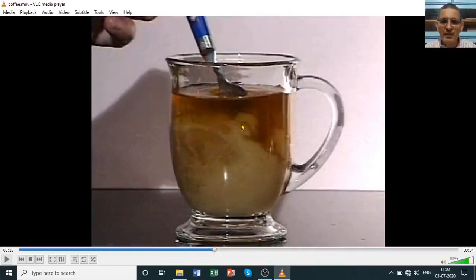When this mixing is happening, do you see a layer-like pattern that you saw when paint was being mixed? No, you don't. So this kind of mixing where layers don't appear is just a different kind of mixing. A different kind of fluid flow phenomenon is happening, which is responsible for mixing.